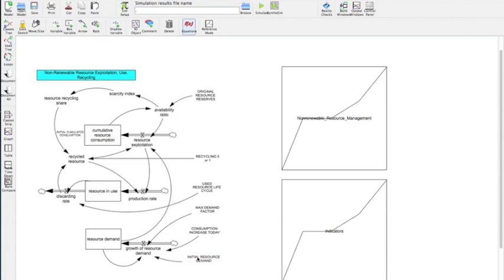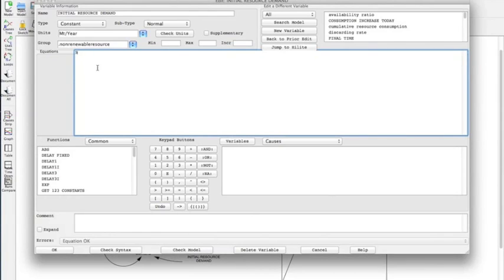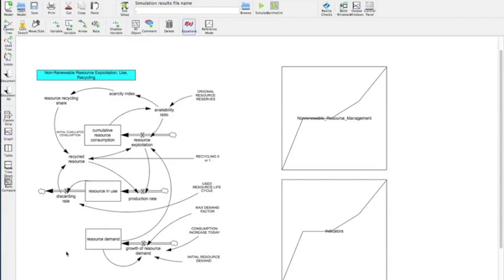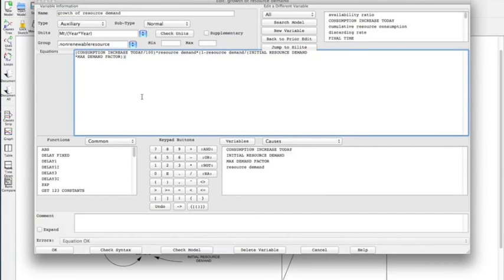The initial resource demand that goes into that equation is 5 metric tons per year, just the value to get things going, and the growth of the resource demand is essentially computed as the actual resource demand. So you have a growth right there, and here what you have is essentially like a carrying capacity.